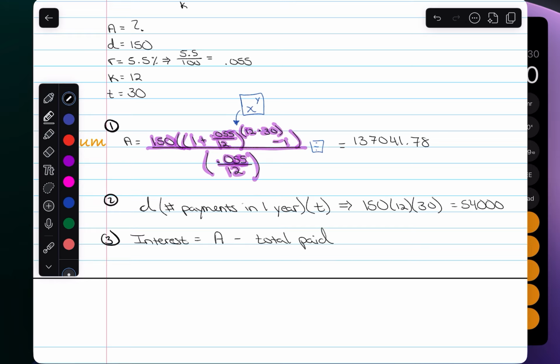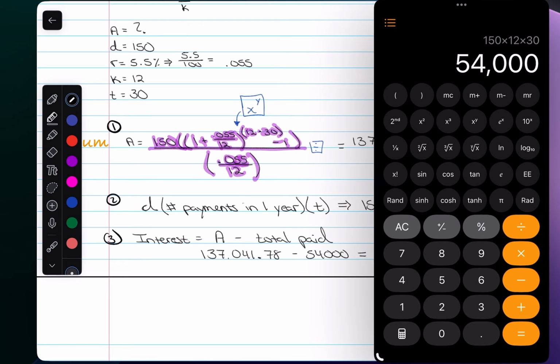All right. So in this case, it's going to be $137,041.78 minus the 54,000 that you put in. So all the rest of that, 54,000 is just what you contributed. The rest of it is going to be our interest.